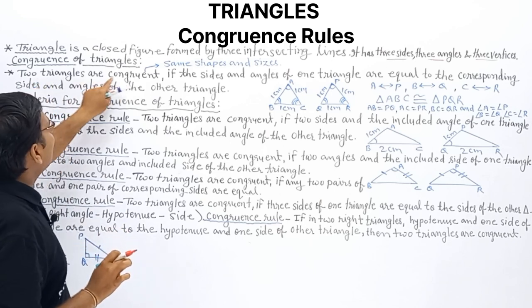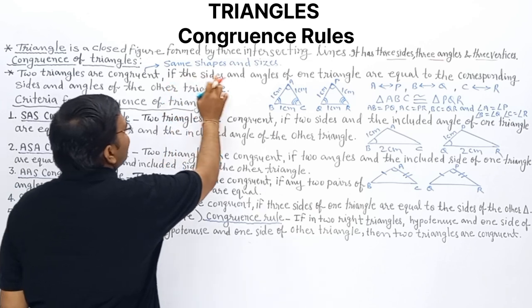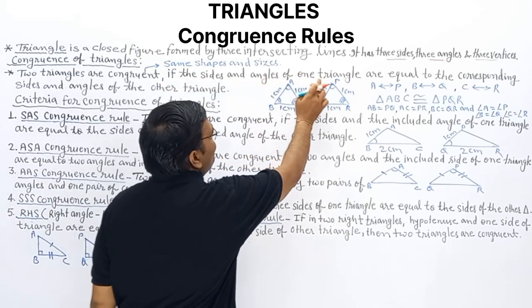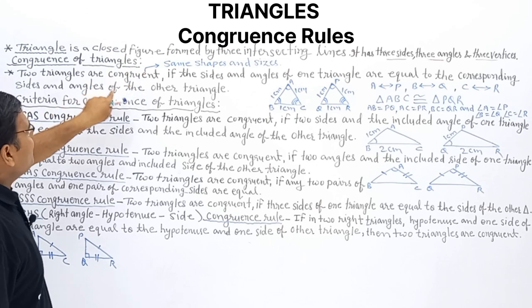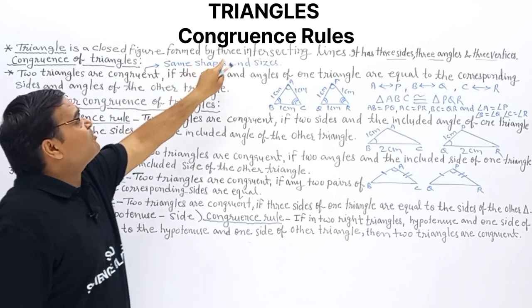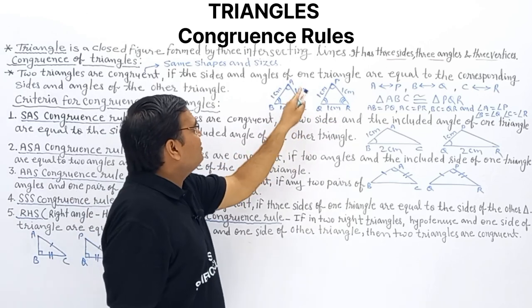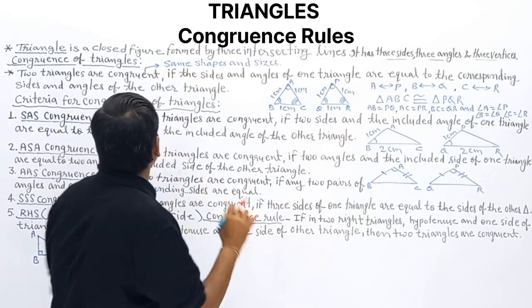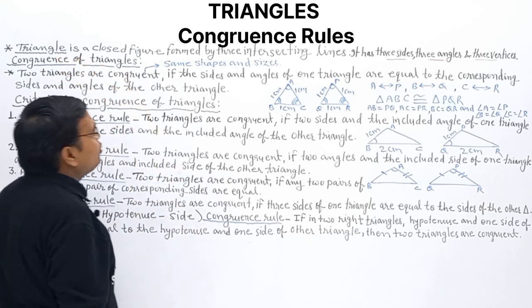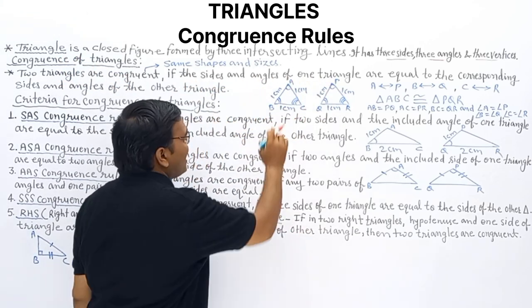So two triangles are congruent if the sides and angles of one triangle are equal to the other. Congruent means the same shape and size. I am taking two triangles, ABC and PQR. These two triangles are congruent if the sides and angles of one triangle match.